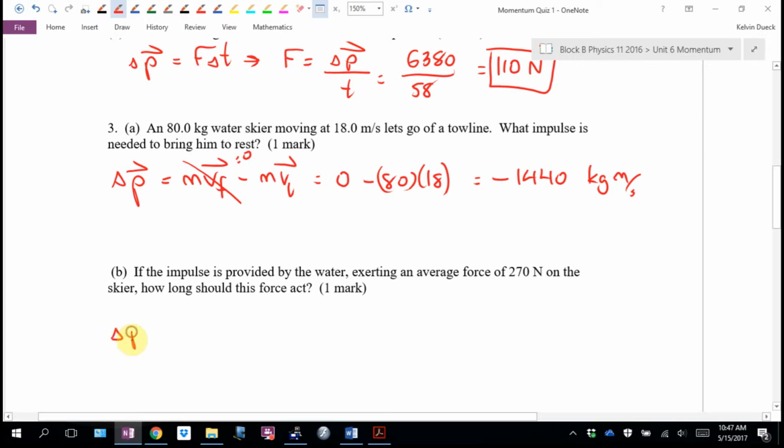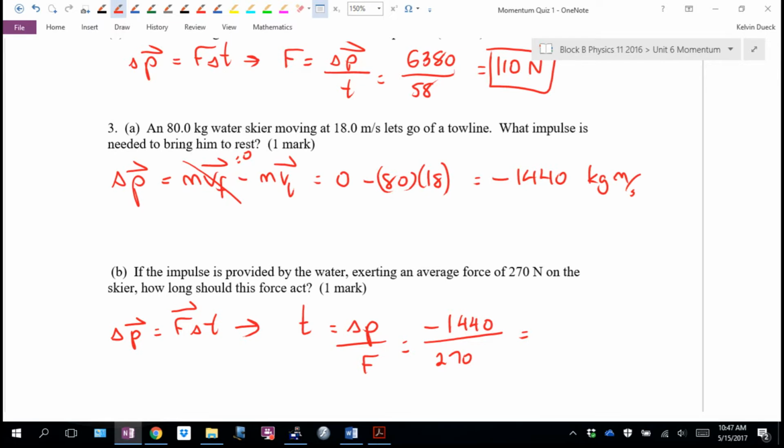So I'm going to say, well, now impulse is force times time. This time we're going to get the time by itself. I guess the time is going to be the impulse divided by the force. It's going to be negative 1,440 divided by 270. Now, if you do this, you're going to get a negative answer. Time, scalar or vector?